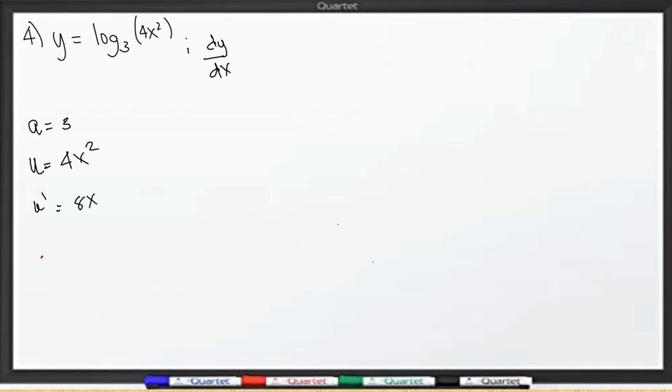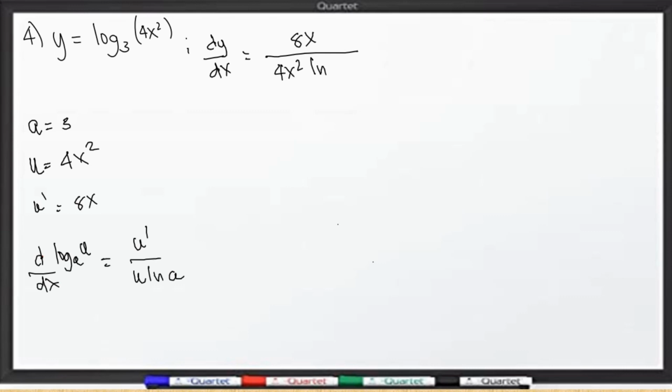And then plug in tayo sa value, ano, ng derivative ng logarithm of u to the base a with respect to x is equal to u prime over u ln of a. Direct substitute po natin. What is our u prime? That will be 8x over u, which is 4x squared ln of a, which is ln of 3, and this one will cancel out.